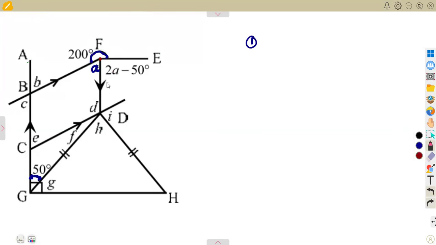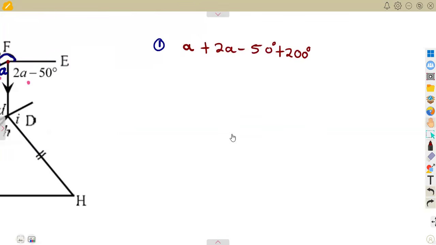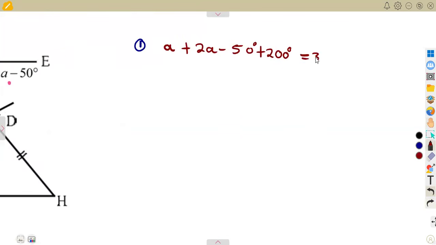So if I take this A, plus the 2A minus 50 degrees that you're given, and also the 200 degrees that we have, all these angles that we see on this point, everything here, it's a complete revolution. It must give us 360 degrees.